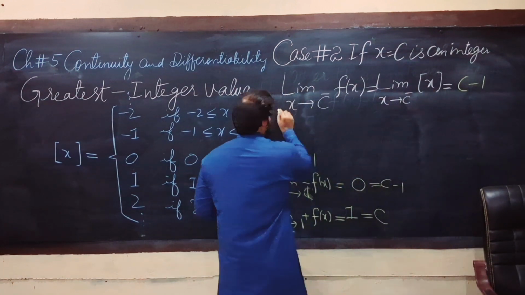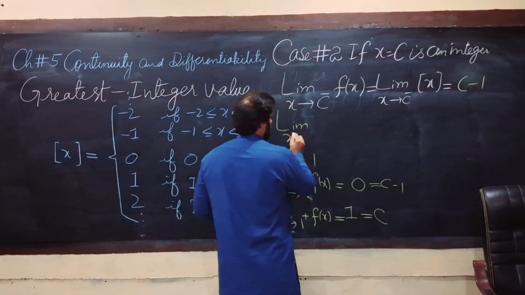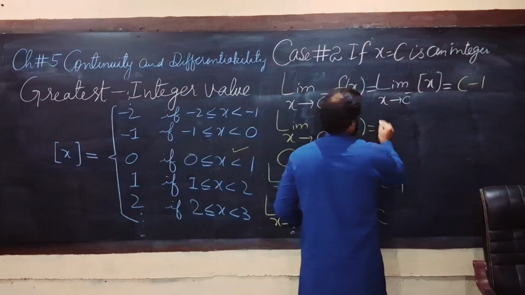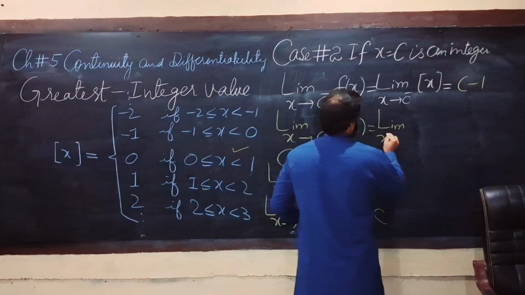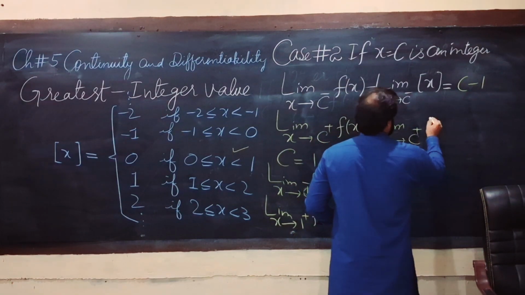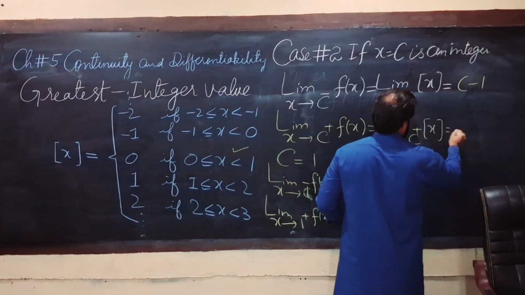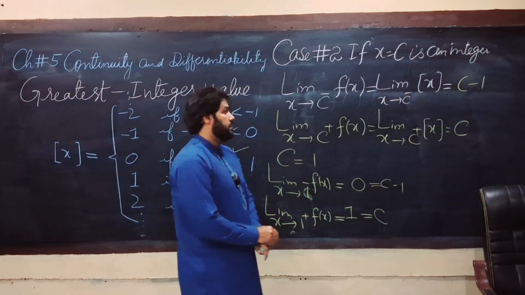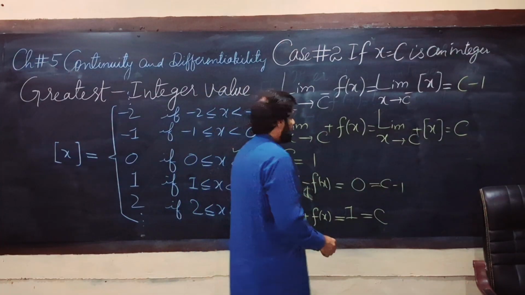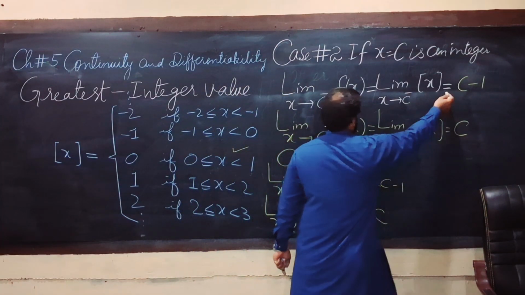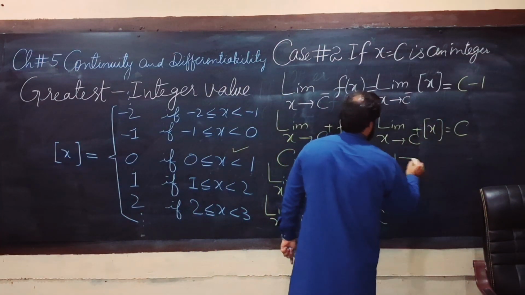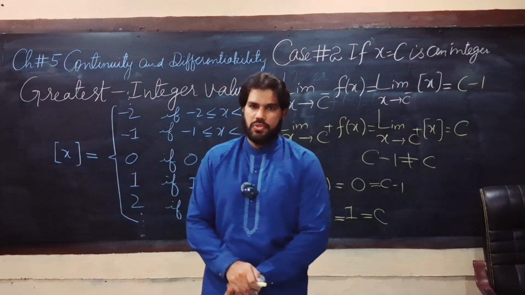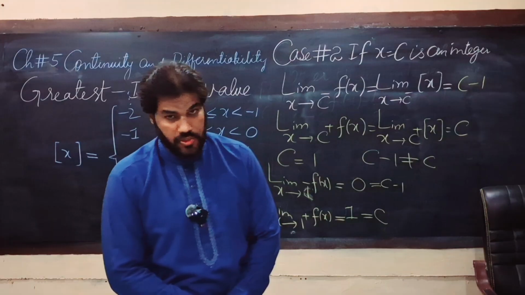And similarly, when you evaluate the right hand limit of this function, this is simply equal to the integer c. Next we will write, as the left hand limit is c minus 1, this is not equal to c. That's why this function is not continuous at x equal to c, where c is my integer.